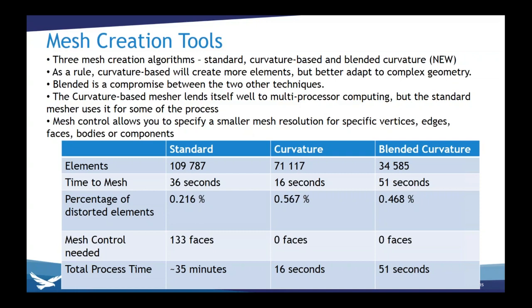So if we compare some of these fundamental parameters, starting with the standard mesher, the big call out here is that it took me 35-ish minutes to poke around and figure out which faces needed to be meshed, with me going through trial and error processes to get all those mesh controls in place.